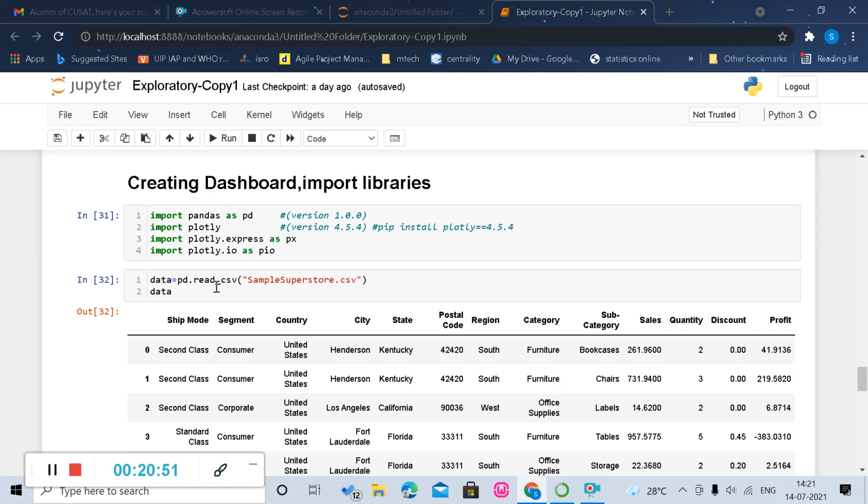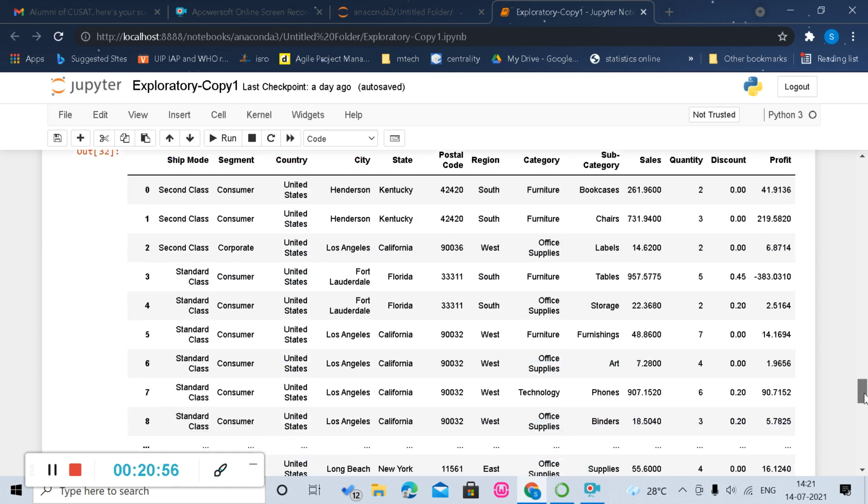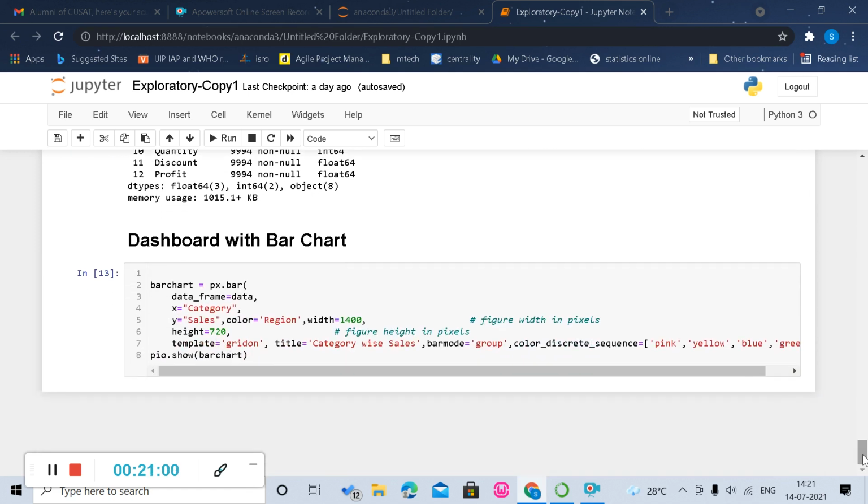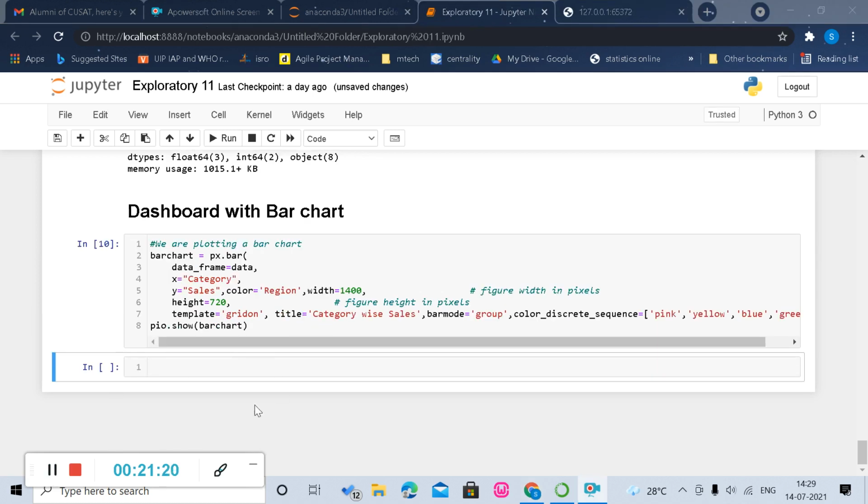Now again I'm taking fresh data, and I have done a simple bar chart, but I just wanted to show how a dashboard is created using Plotly. So here I've taken category, sales, region. These values I have taken. So I'm running this.